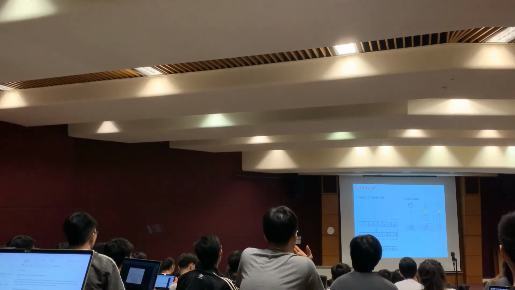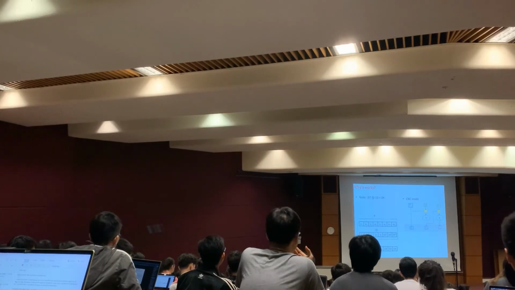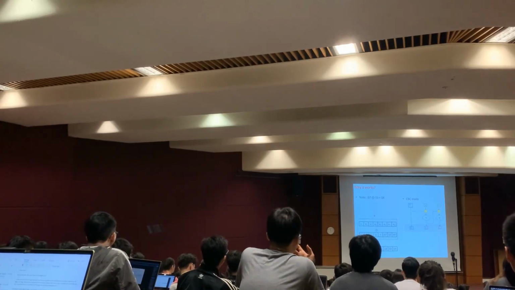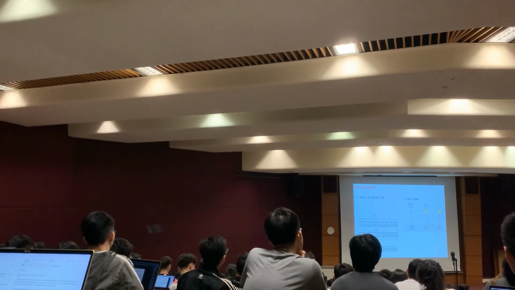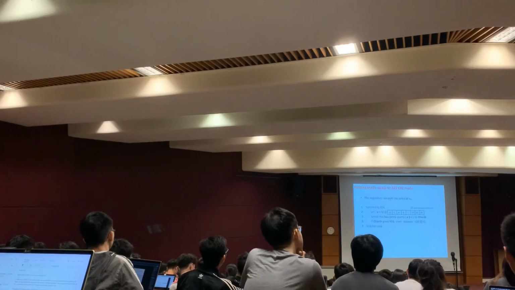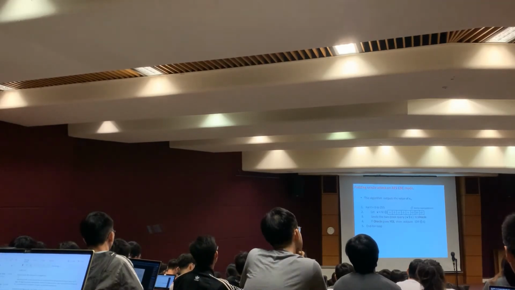If the value after XOR happens to be 04, then it's a correct format. If it's not 04, then it's not in the correct format. Then from here, we can guess the value t. Fine? So this is the oracle attack.